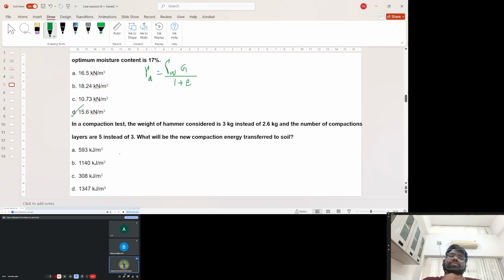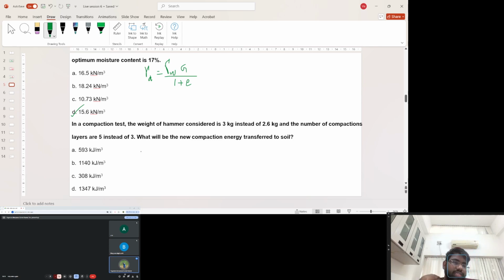For this, we need to understand how the energy is calculated.